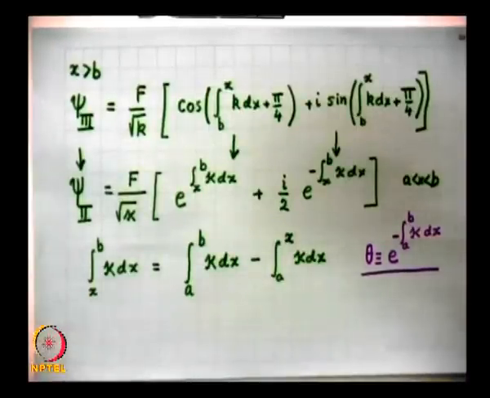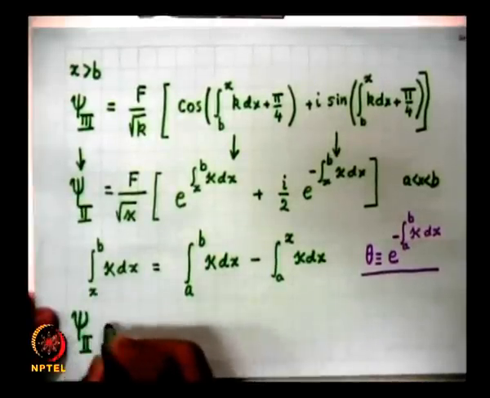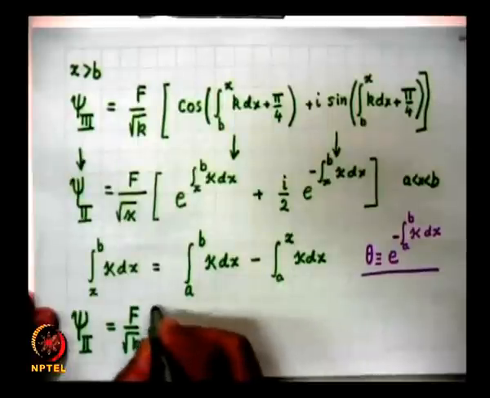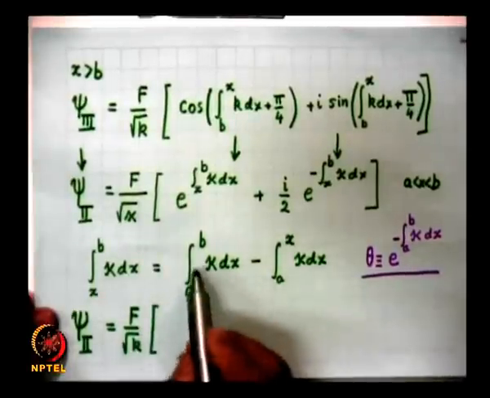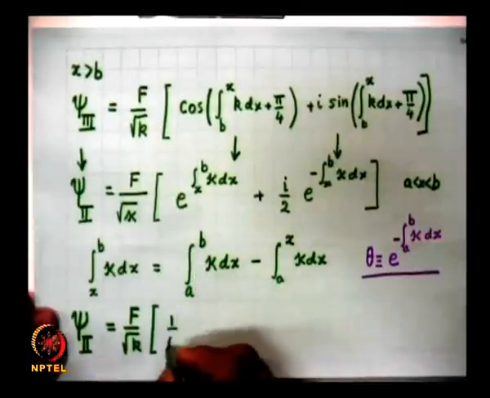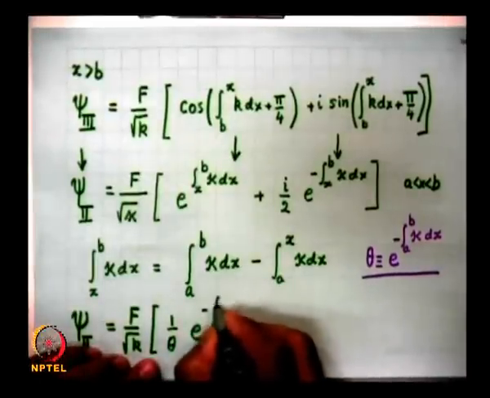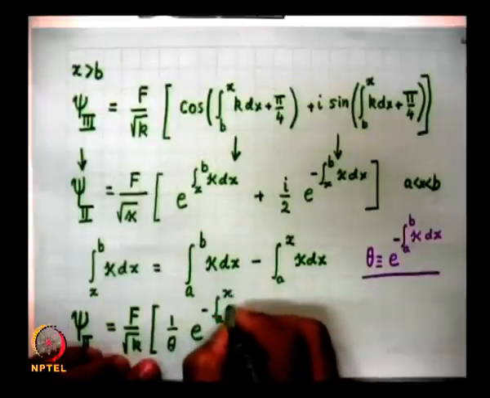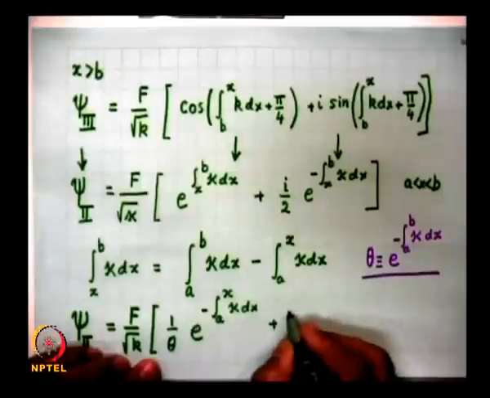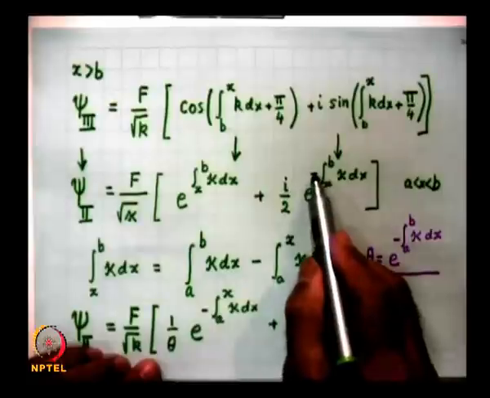So, therefore, the function in the second region will be f over root kappa, this is e to the power of integral a to b kappa dx. So, that is 1 over theta, times e to the power of minus integral a to x kappa dx plus I theta by 2, because there is a minus sign here.